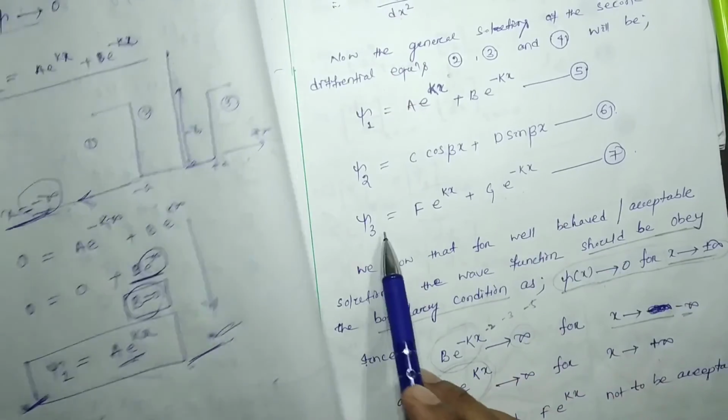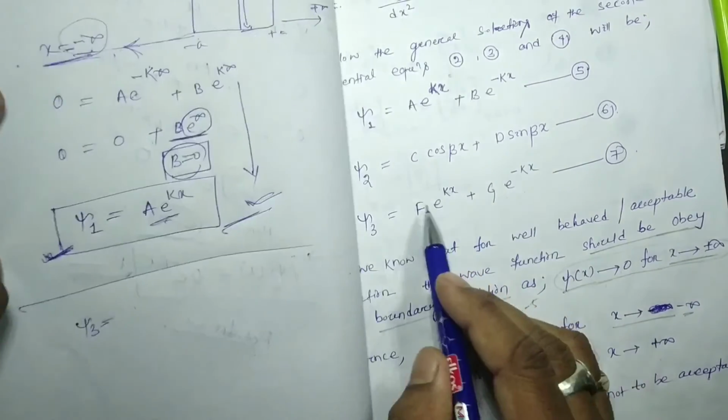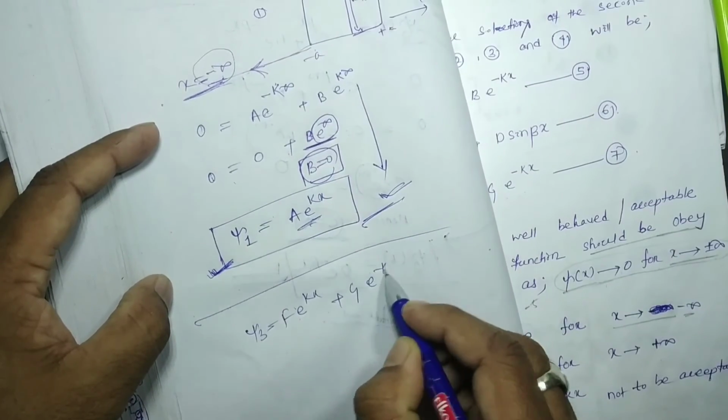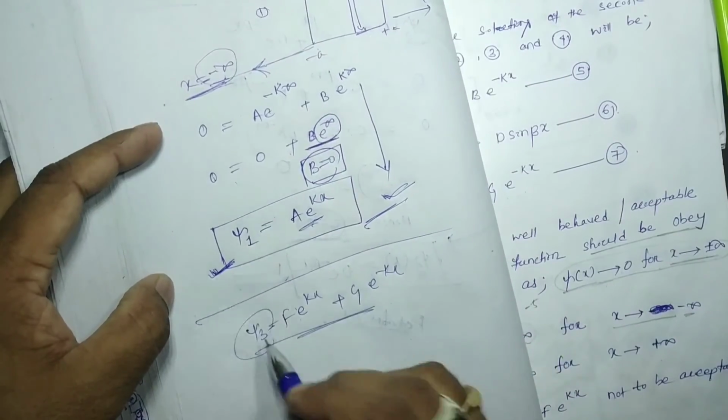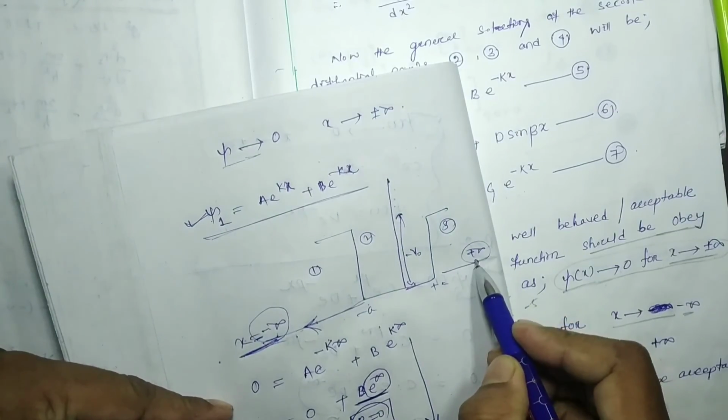Likewise psi 3, if we consider psi 3 as f e to the power kx plus g e to the power minus kx. Psi 3 belongs to this side, which extends up to plus infinity.